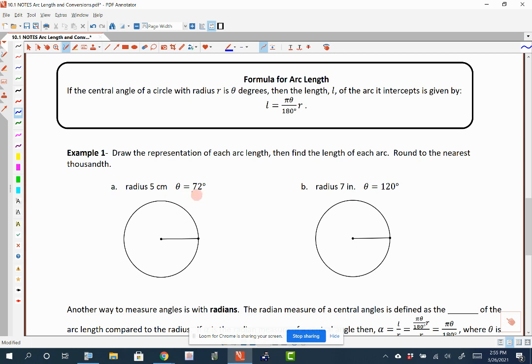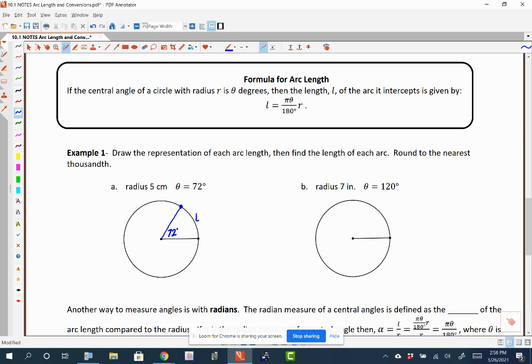So in example A, we're trying to estimate where 72 degrees is. We know that would be in the first quadrant. We know where 90 is, so we're just going to estimate the best we can where that 72 degrees would be. So this would be my 72 degree central angle.